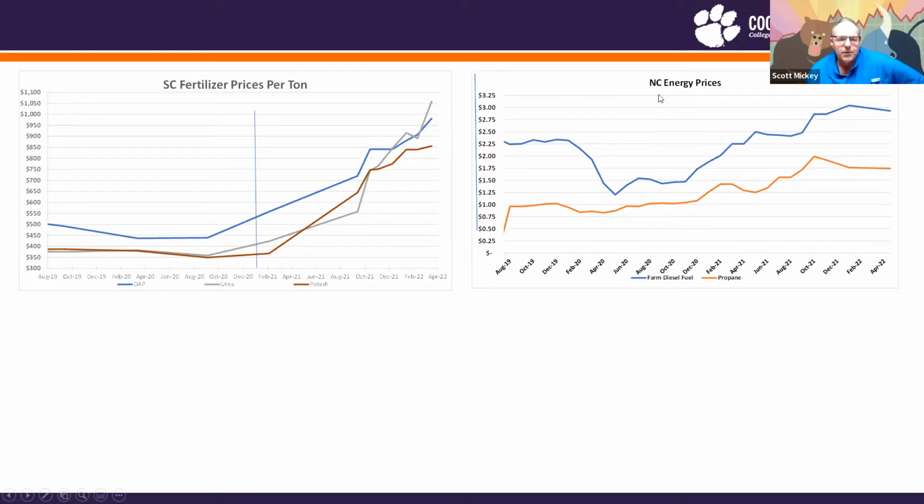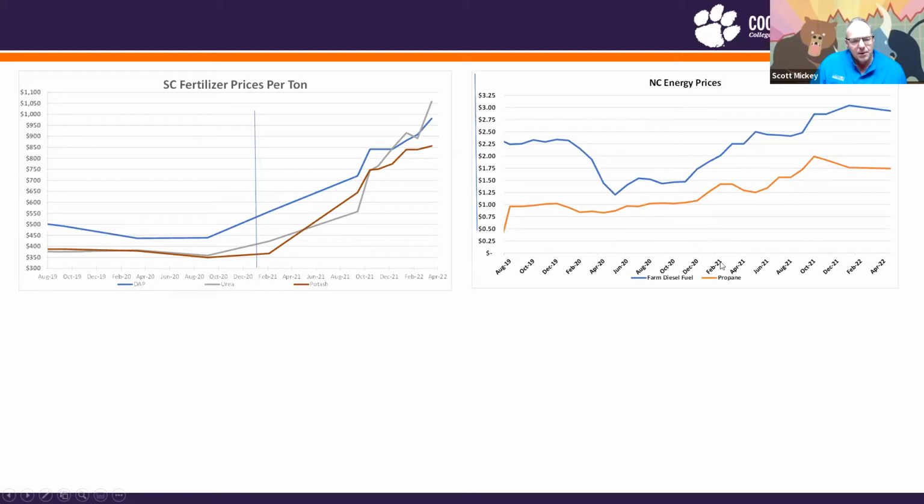In North Carolina, the reported fuel costs are kind of tapering off. You can see this blue line is diesel fuel. And since the first of the year, it's pretty flat, around $3 or so a gallon. It's dropped off a little bit. That's not what you see when you drive up and down the interstate and look at diesel prices there. But that's what North Carolina Department of Ag is reporting.